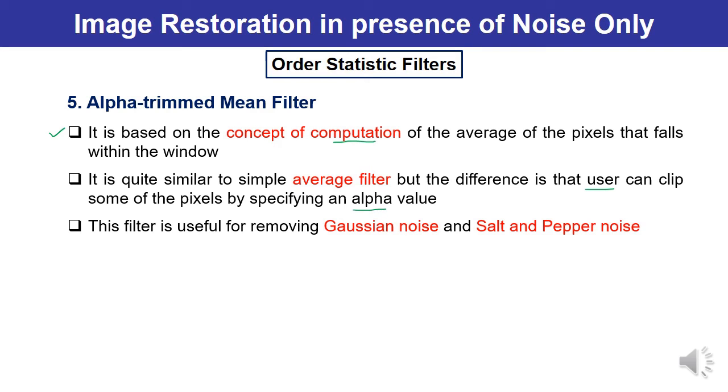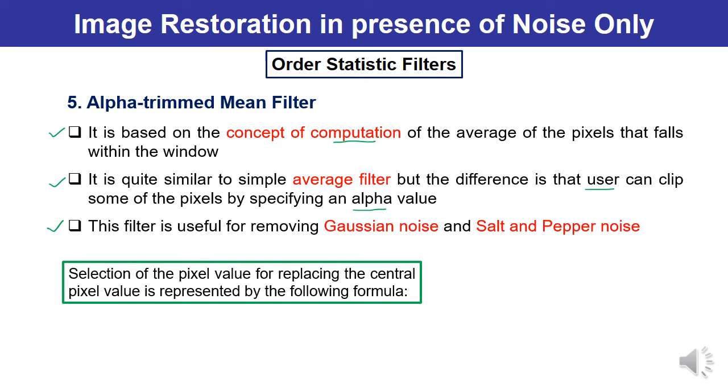Its nature is almost the same as the average filter, but as per our requirement, some of the pixel values can be clipped off, by using a specified value of alpha. I hope this point is now clear to you. The alpha trimmed mean filter is useful for removing Gaussian noise and salt and pepper noise.